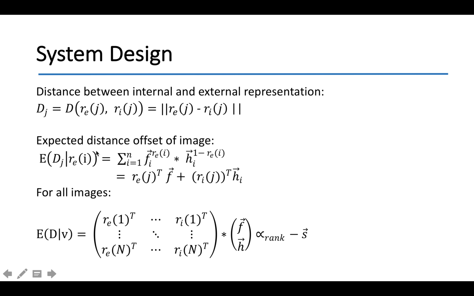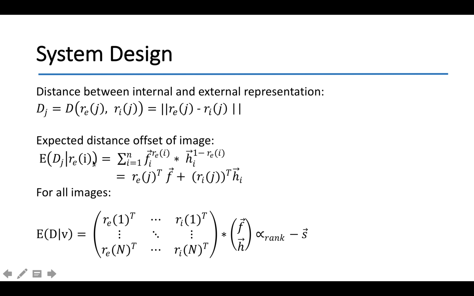Having got the previous concepts, we can calculate the distance between the internal and external representation. I define the distance between the two representations as dj, computed from REj and RIj. There's an inverse relationship between dj and the memorability of image j.